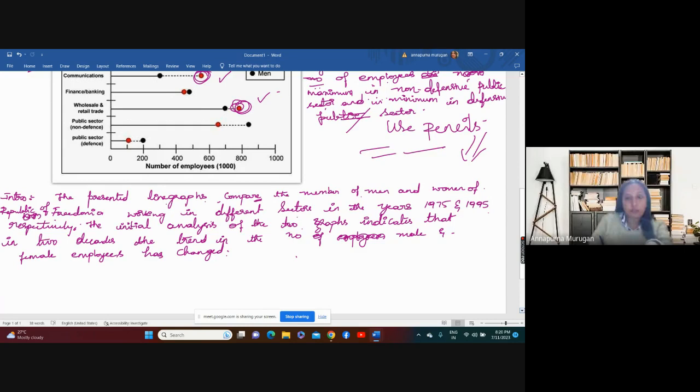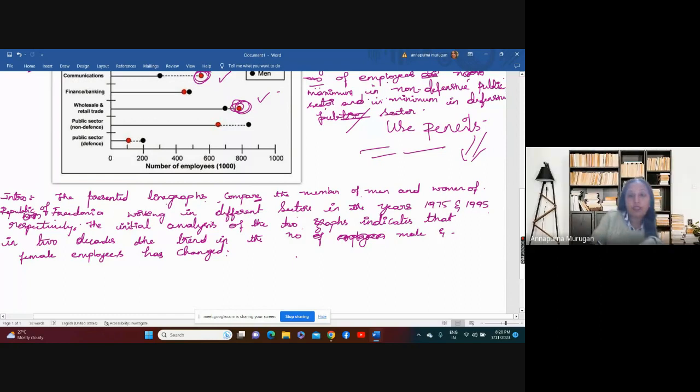The initial analysis of the two graphs indicates that in two decades, the trend in the number of male and female employees has changed.